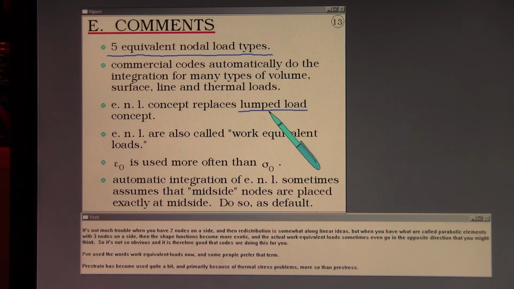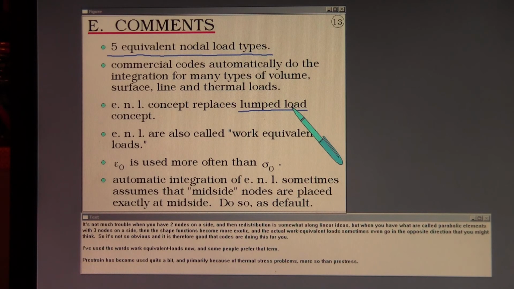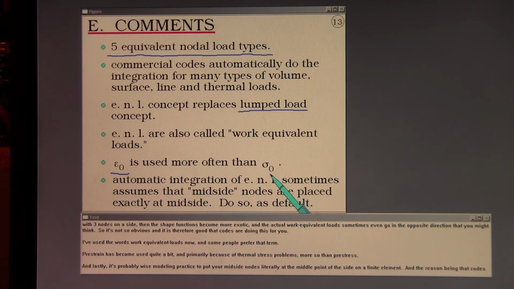So it's not so obvious, and it is therefore good that the codes are doing this for you. I've used the term work equivalent loads now, and some people prefer that term. Pre-strain has become used quite a bit, primarily because of thermal stress problems, more so than pre-stress.